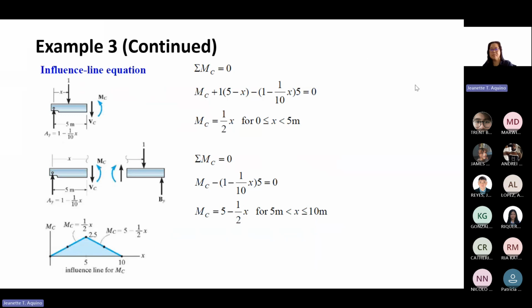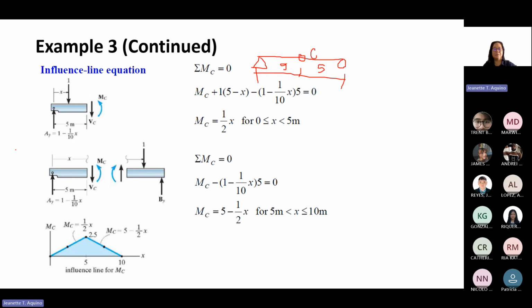Our beam is like this, 10 meters, and the roller here. And then we'll take the maximum moment at C. Maybe this is 5 and another 5, so the total length is 10.